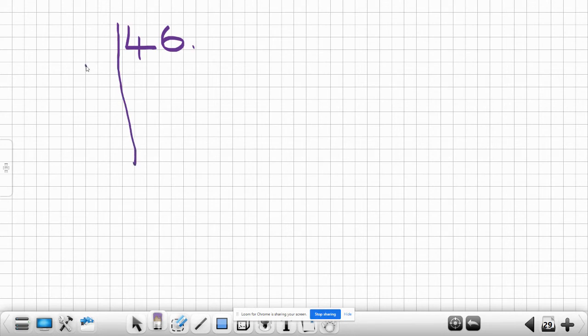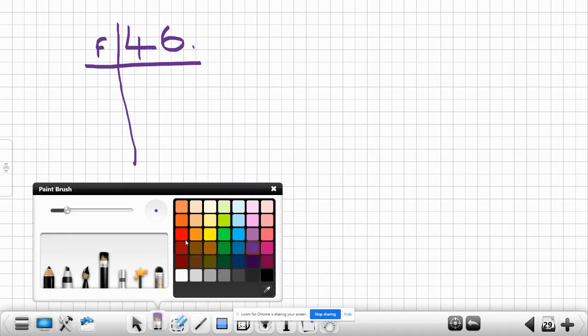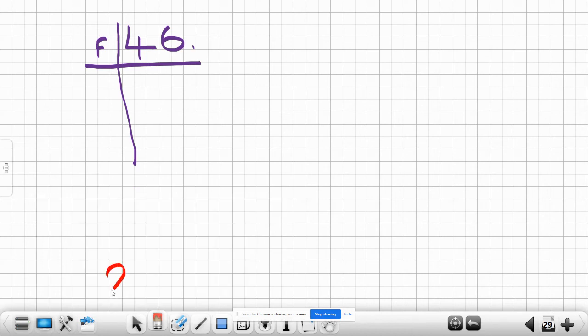Oh, that's not a very straight line, but I'm going to draw that like this, and my factors are going to go here. So I want prime factors. I'm going to write them up again. Knowing your primes is a very useful tool. So 2 is a factor of 46. It's an even number, therefore 2 must be a factor.